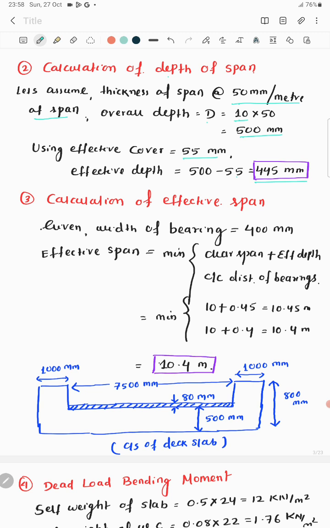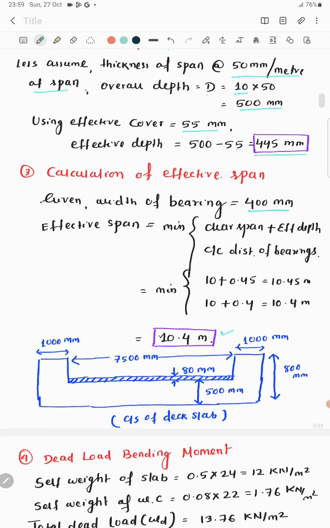Next, calculation of effective span. In this question, the width of bearing is given 400 mm. The effective span is the minimum of clear span plus effective depth and the center to center distance between the bearings. By calculating these two values, the minimum value is coming to be 10.4 meter.